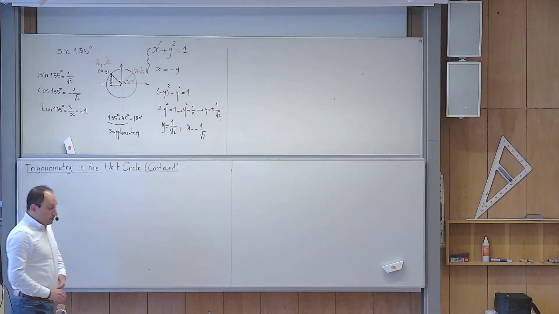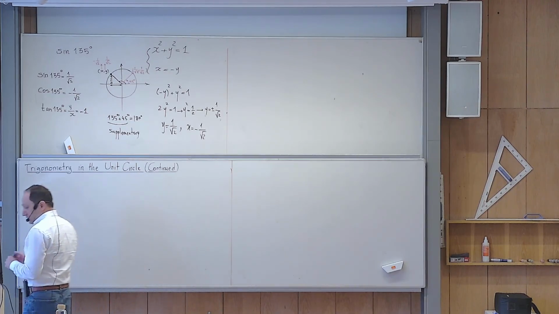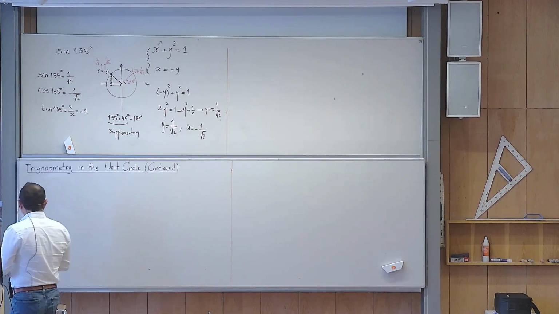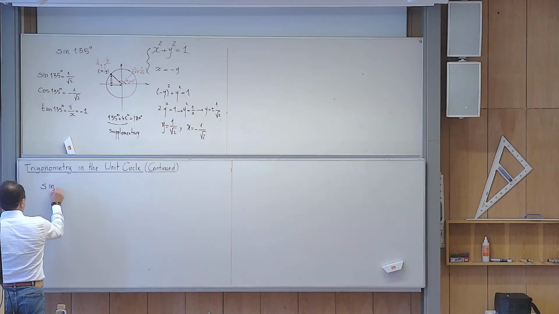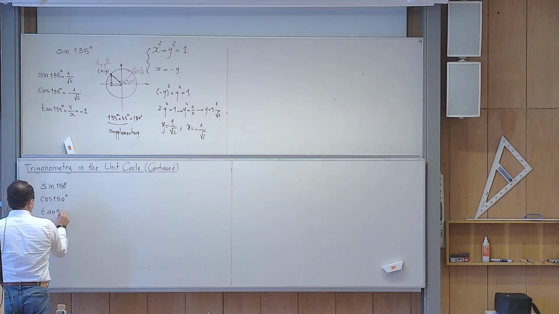Okay. So we want to solve that problem. Could you solve it for me? So we want to answer these questions. Sine of 150 degrees. I'm sorry. Cosine of 150 degrees. And then tangent of 150 degrees.